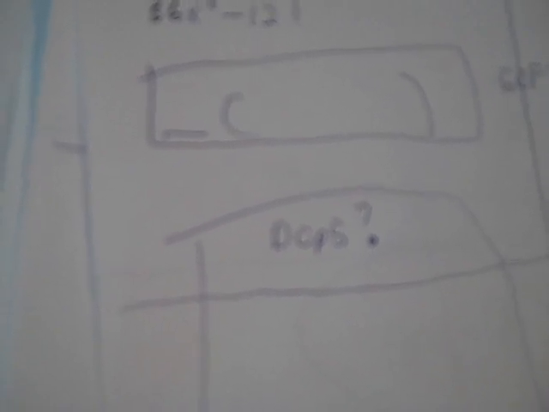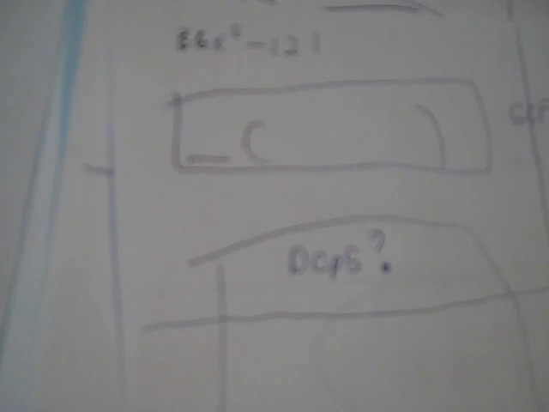GCF, negative, no. X on everything, no. Punch in 36 and 121 into that GCF calculator I showed you online, and it's going to give you 1, so that means, unbelievably, it's 1. You'd think there'd be something, but there's not. So, before we do the DOPS, do you have a minus? Yep.